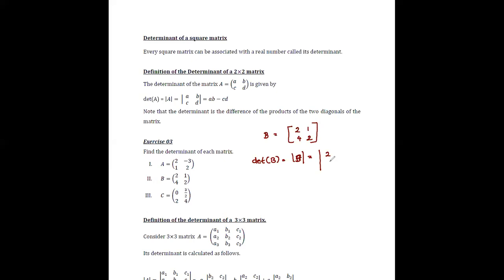It would be 2, 1, 4 and 2. If you take the products of the diagonals and then the difference of these values, then it will be 2 times 2 minus 4 times 1, which is 4 minus 4, so the determinant of the matrix is 0. And you can try for this also.